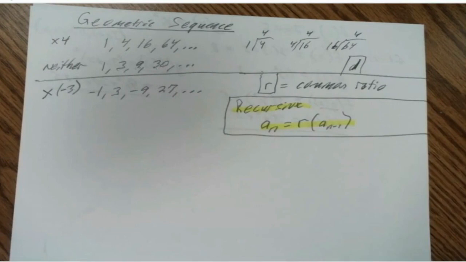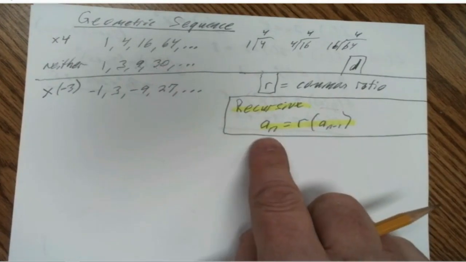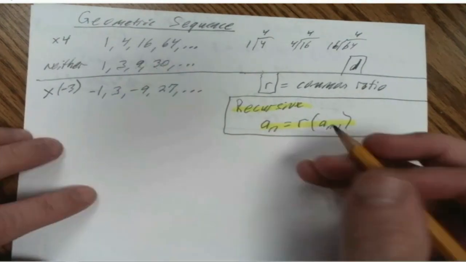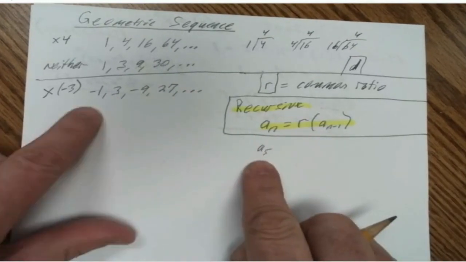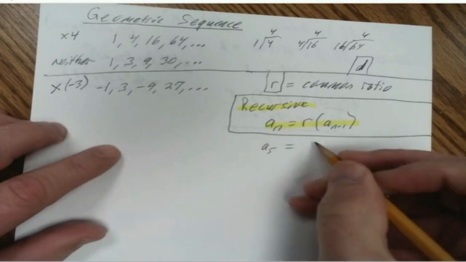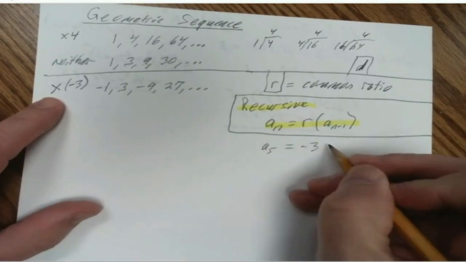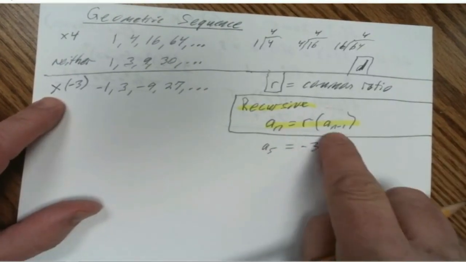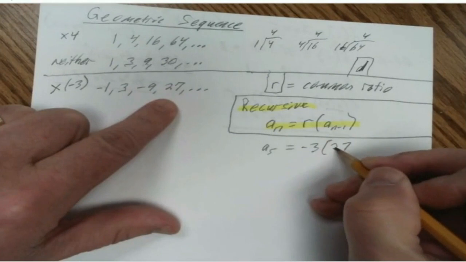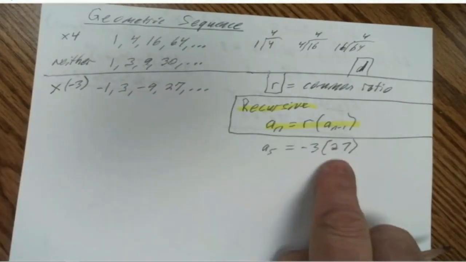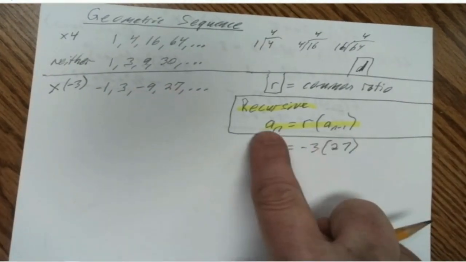The recursive formula, if we want to know what, in this case, the fifth term is, because I asked you what is the next term, that would be the fifth term. All we have to do is take that common ratio, -3 times a sub n minus 1, n was 5, the fourth term. The fourth term was 27. So as long as we know the fourth term, we can find the fifth term.